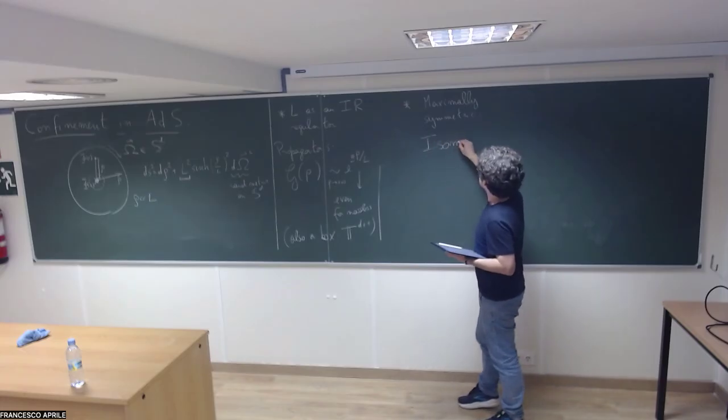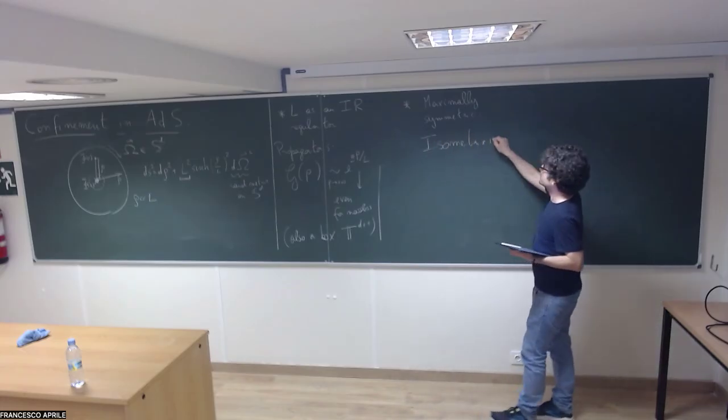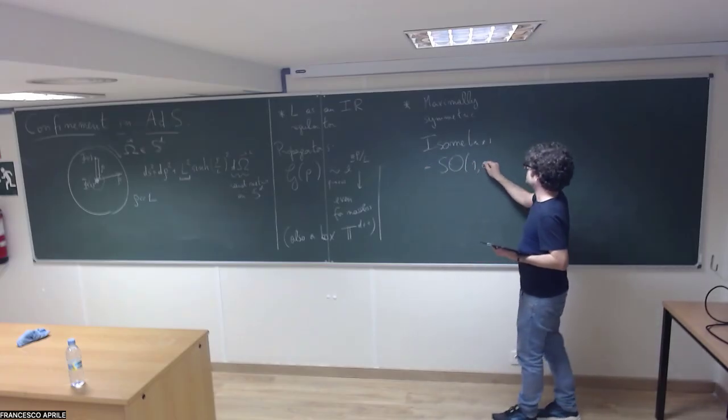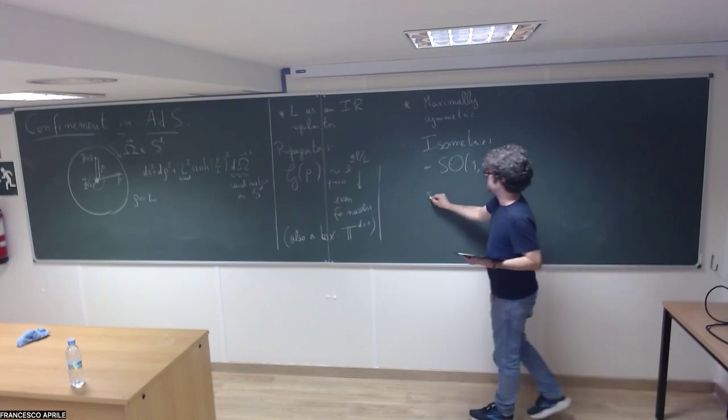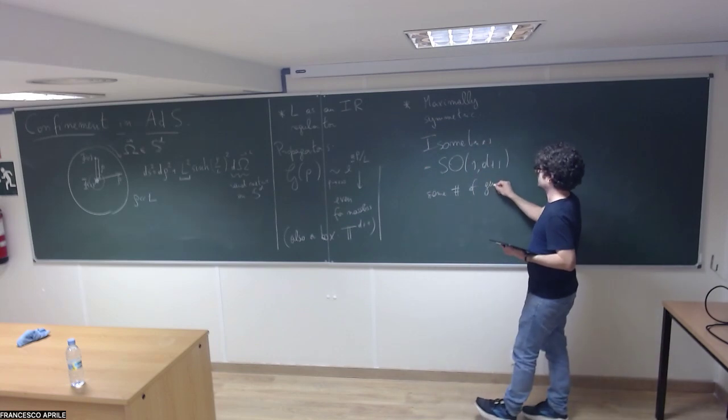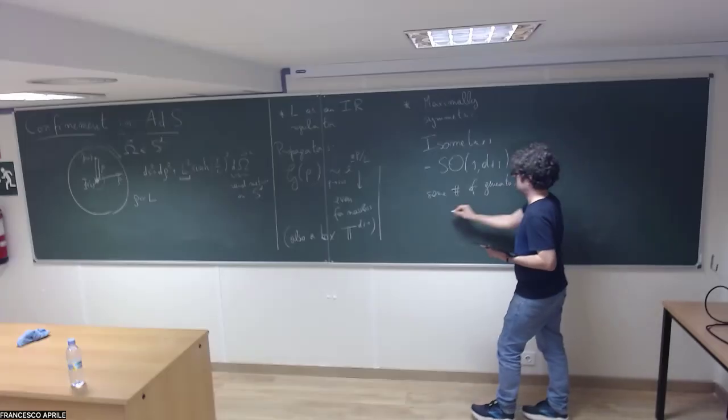The isometries in a hyperbolic space form a big group, SO(1,d+1). So it's the same number of generators as flat space.